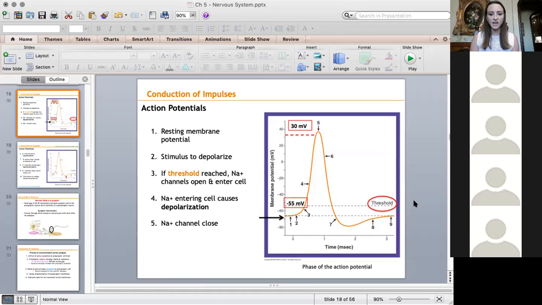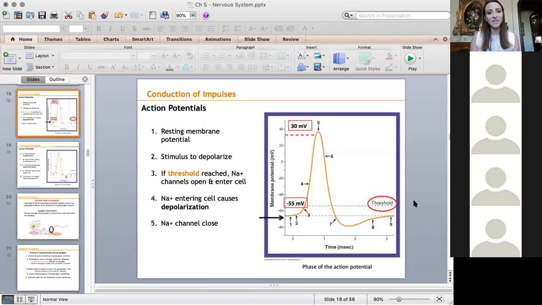And this here just puts it all together. When we look at this slide, we have our numbers and we can follow what's happening. Like it said, we start at resting membrane potential, negative 70 millivolts. We have a stimulus to depolarize, so we've depolarized the action potential because that threshold was reached.